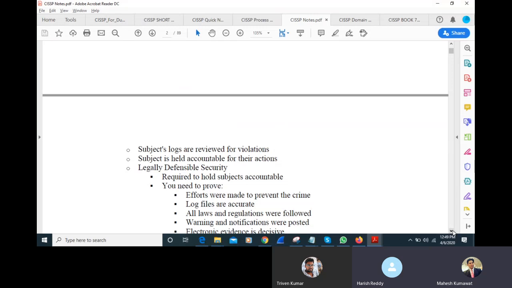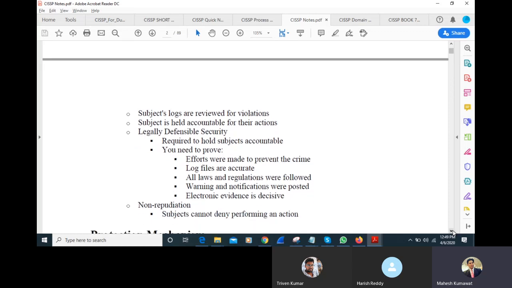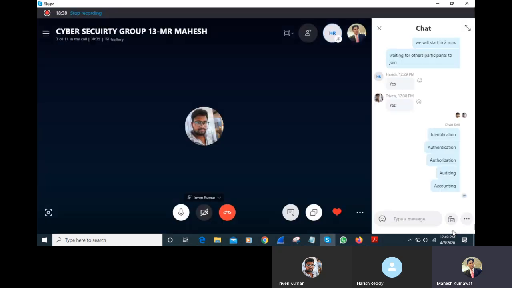Legally defensible security requires subject accountability. You need to prove efforts were made to prevent the crime, log files are accurate, all laws and regulations were followed, warnings and notifications were posted, and electronic evidence is received. So we require all sorts of things.